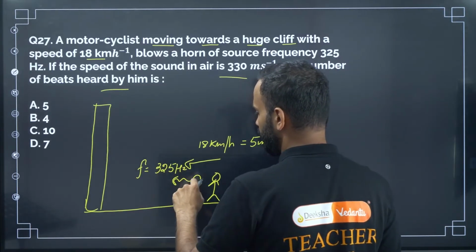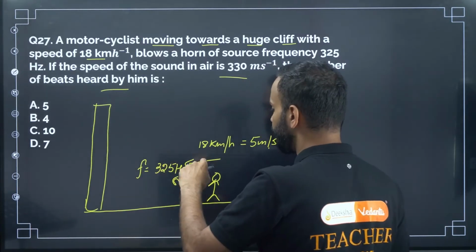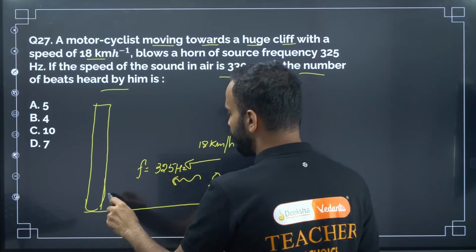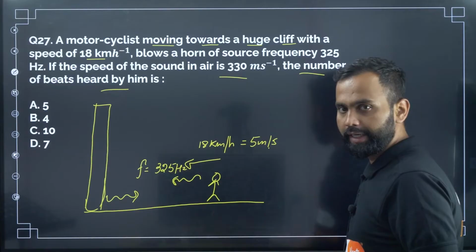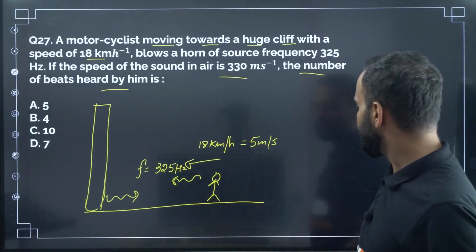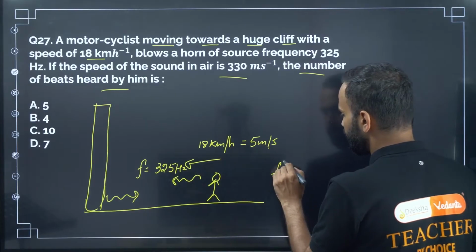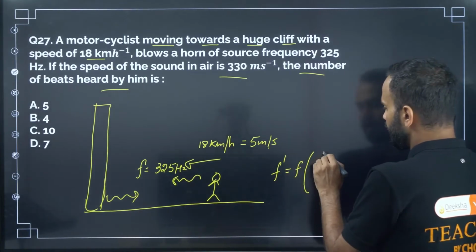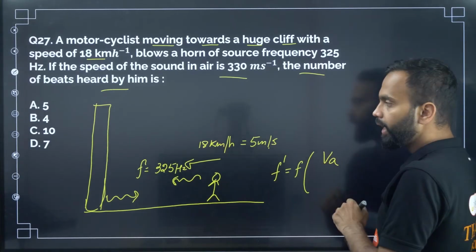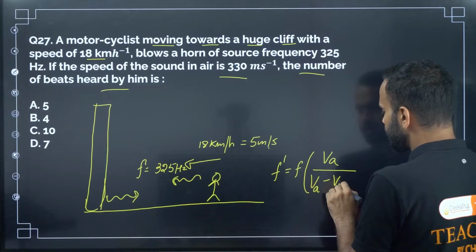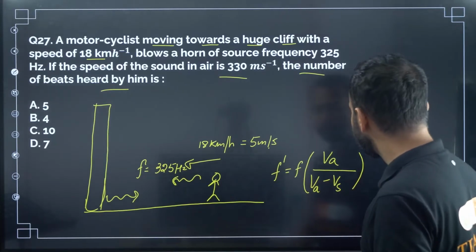The wave will go and hit this cliff and it will come back. So what is the apparent frequency heard by the motorcyclist? Apparent frequency f dash equals f into VA divided by VA minus VS, where VA is the velocity of sound in air and VS is the velocity of the source.